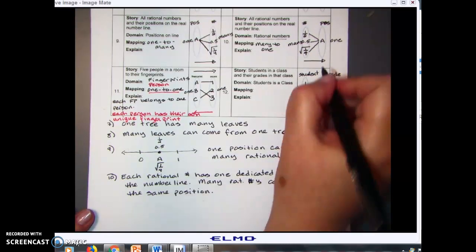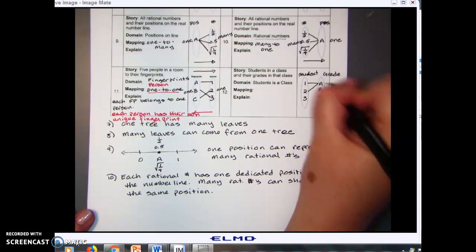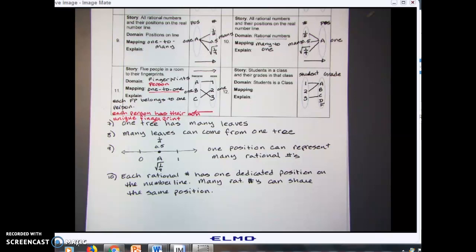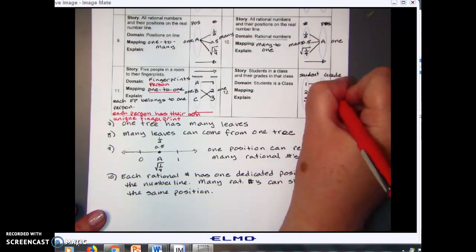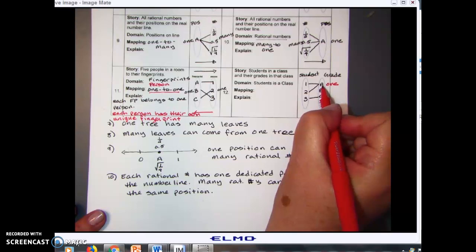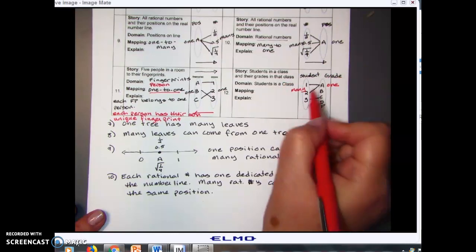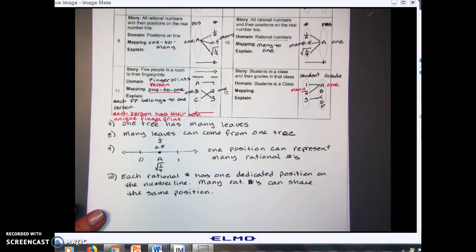So that means student 1 could have an A in the class, student 2 could have an A in the class, and student 3 could have a C in the class, and so on and so forth. So if you notice, each student can only have one grade, but many students can have that grade. So student 1 and 2 are many people that have a grade of A in the class.